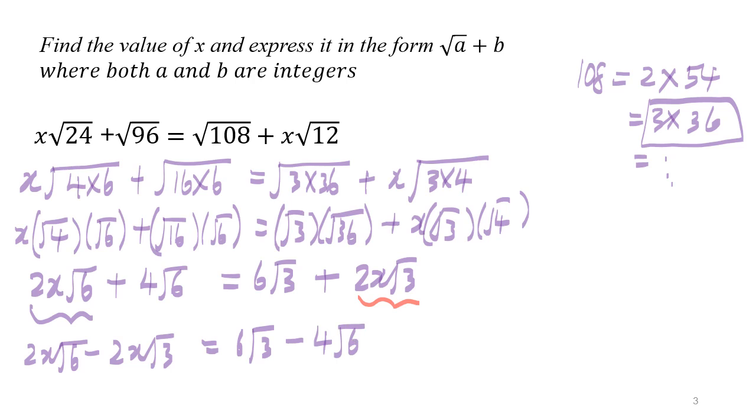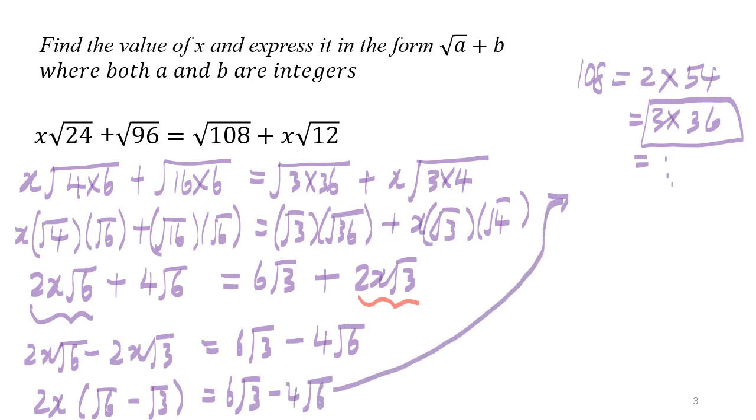Okay, so what do you do next? You see that there is a common factor 2x, so you can just factorize it. If you realize, in math, most of the time it's either expansion or factorization. So 2x will be equal to 6 square root 3 minus 4 divided by, oh wait, hang on, maybe I should just factorize x because the purpose is to find the values of x.